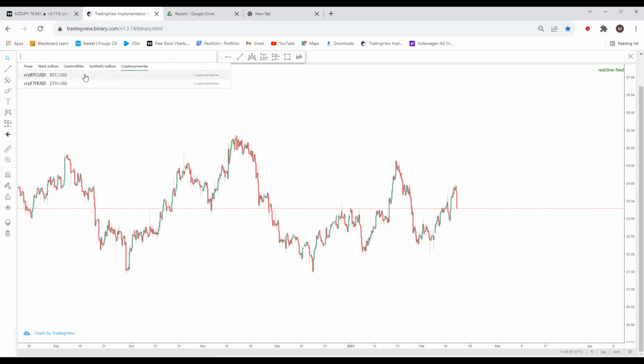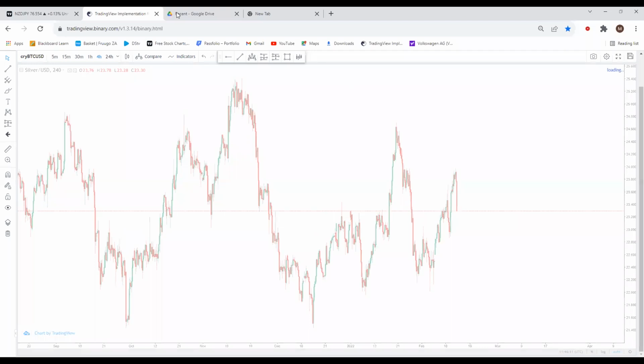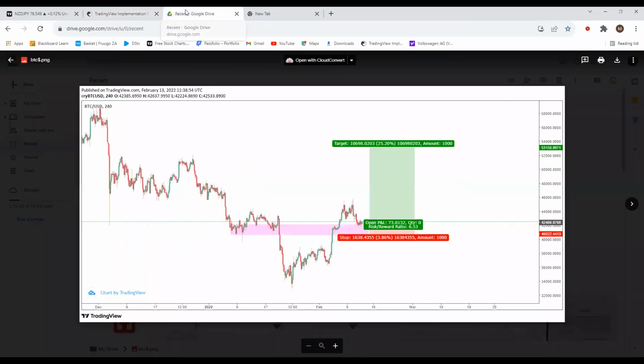The first thing we're going to look at is cryptocurrencies. I took a screenshot of Bitcoin, I think, over the weekend. Basically it was an inverse head and shoulders. As you can see, this is the left shoulder, the head, and the right shoulder.